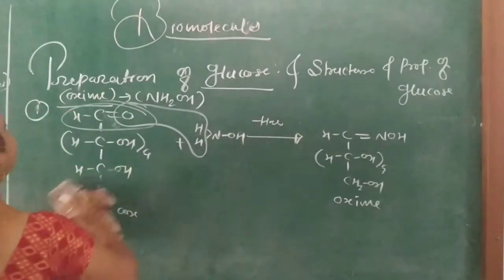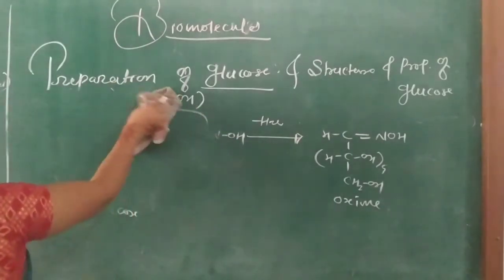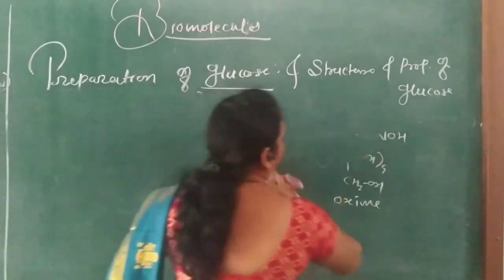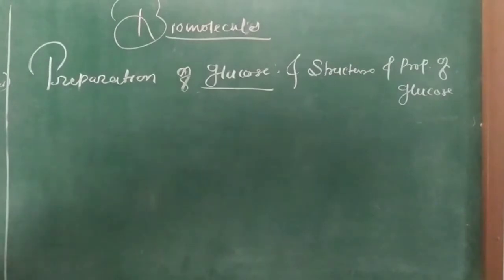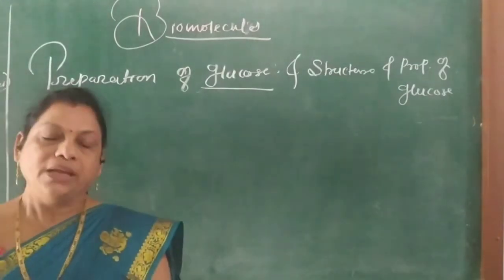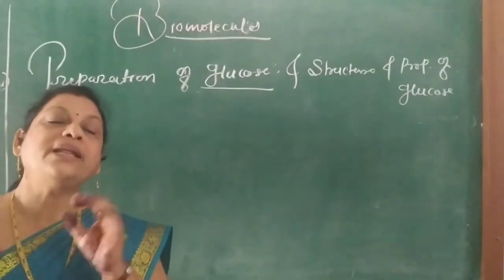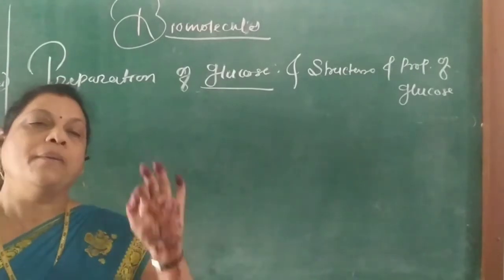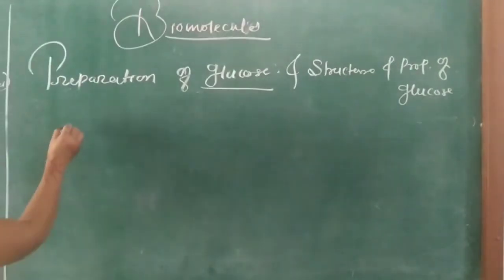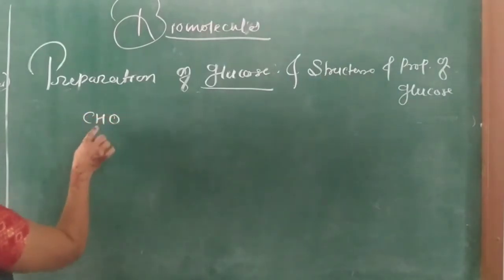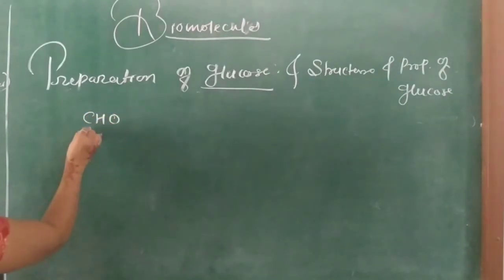Again, this reaction indicates that glucose contains an aldehyde group. Next reaction, that is acetylation. Now acetylation of glucose with acetic anhydride indicates how many hydroxyl groups are present in glucose. Let us start here. CHO as it is, means aldehyde group is present.